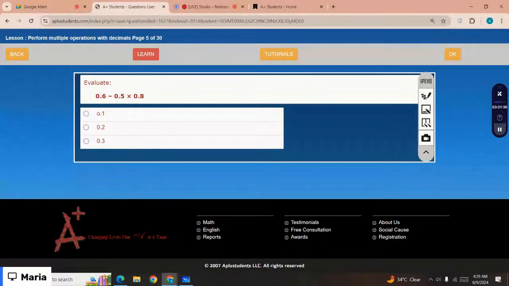So which is the correct option? 0.2. It is option number 2 is the correct option, right?